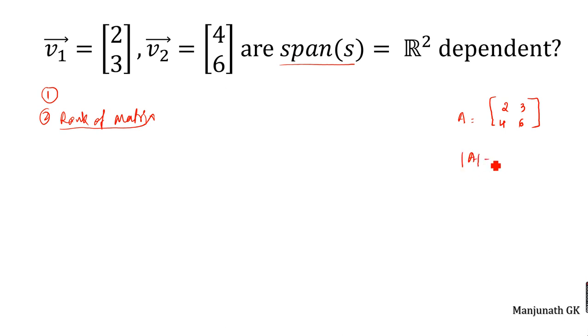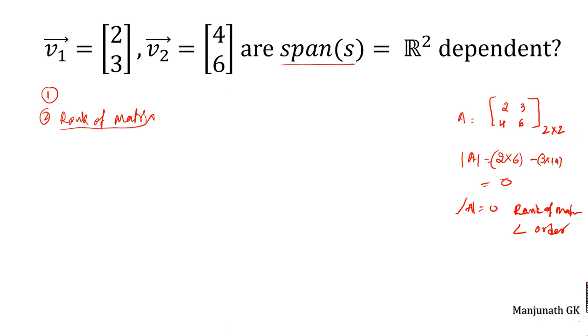Determinant of A equals 2 times 6 minus 3 times 4, that gives 0 here. If the determinant of a matrix equals 0, then the rank of the matrix will be less than its order. What is the order of this given matrix? It is 2 cross 2.